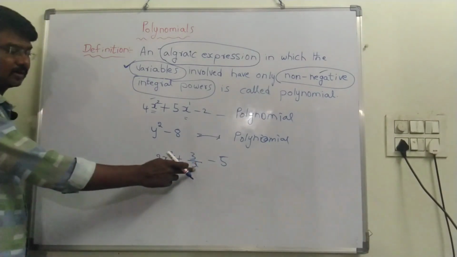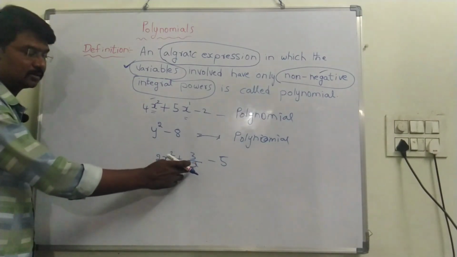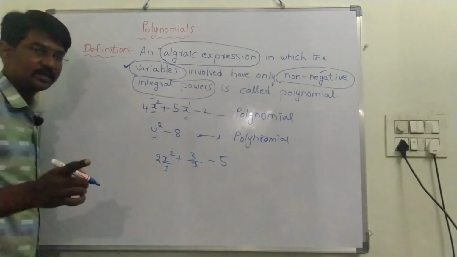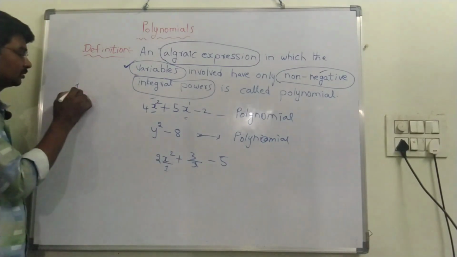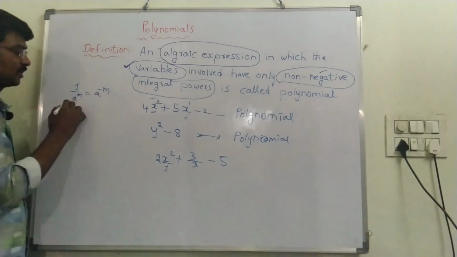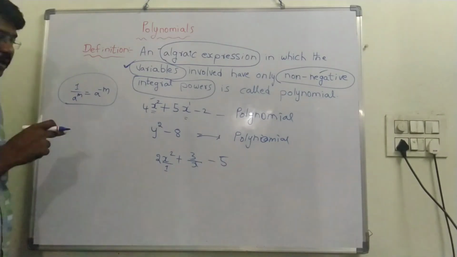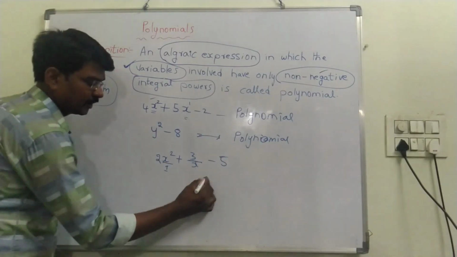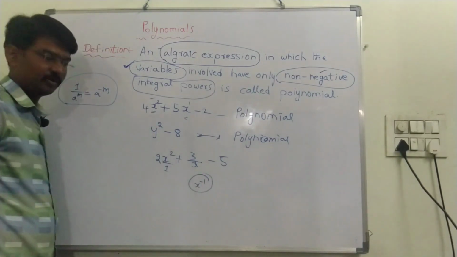What happens if the variable is at the place of the denominator? The laws of exponents apply. 1 by a to the power of m is equal to a to the power of minus m. According to this law of exponents, this will become x to the power of minus 1.